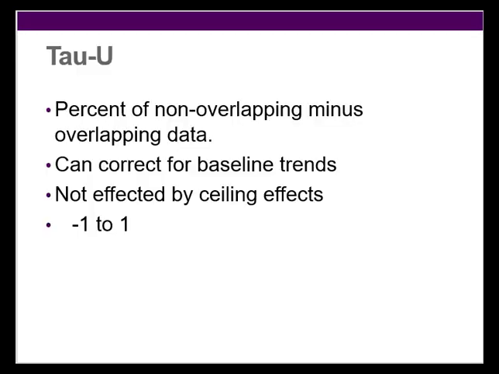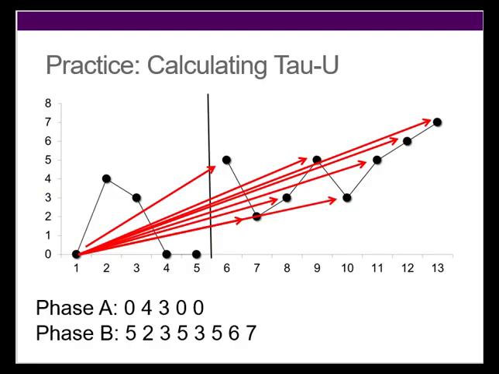Calculating effects. We practiced using percentage of non-overlapping data. Another approach for analyzing single case experimental design data combines non-overlap between phases with intervention phase trend and can correct for baseline trend. It's reported on this -1 to +1 scale. So we conduct pairwise comparisons across phases.